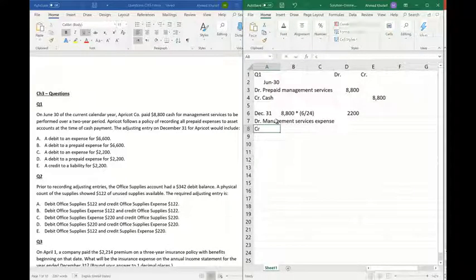And the credit side is reducing the prepaid expense, which is prepaid management service, for the amount that we calculated here, which is 2,200.